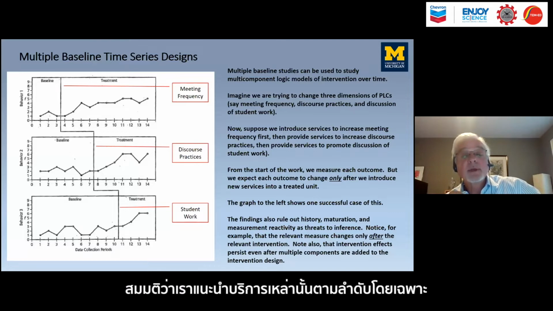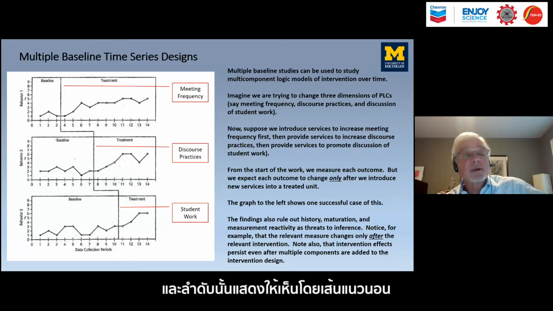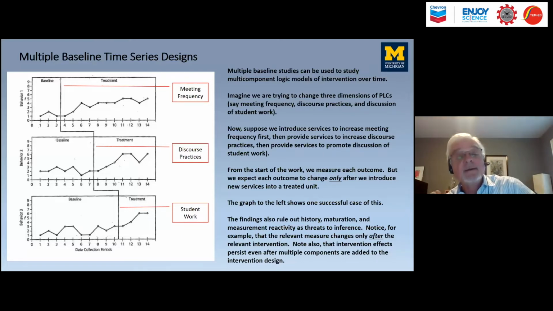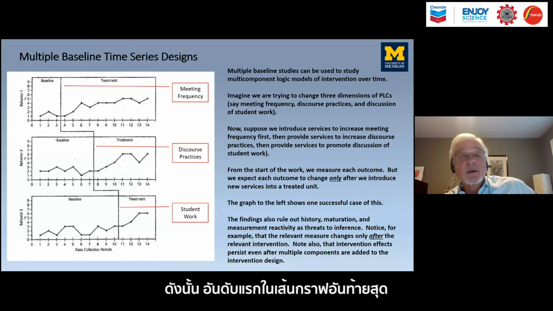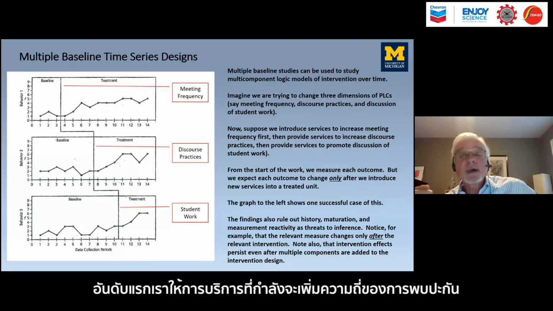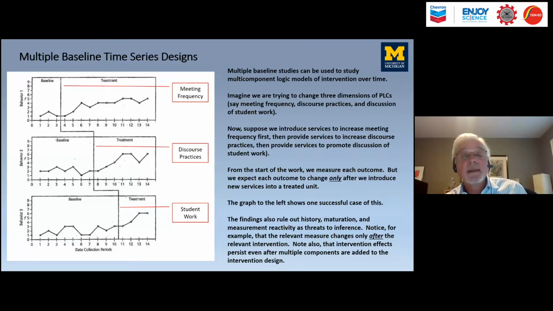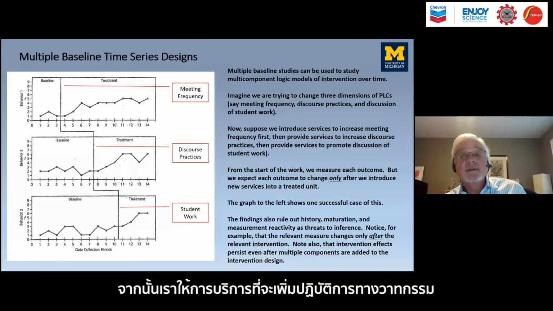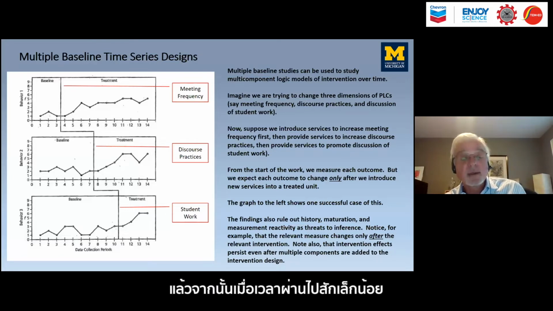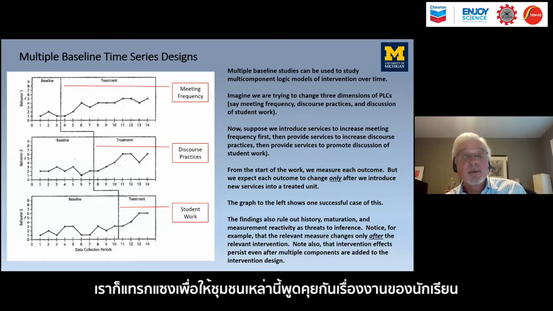Now, suppose we introduce those services in a particular order, and that order is shown by the horizontal line. So first, in the graph to the left, first we provide services that are going to increase meeting frequency. Then we provide services to increase discourse practices. And then, a little later in time, we intervene to get these communities to discuss student work.